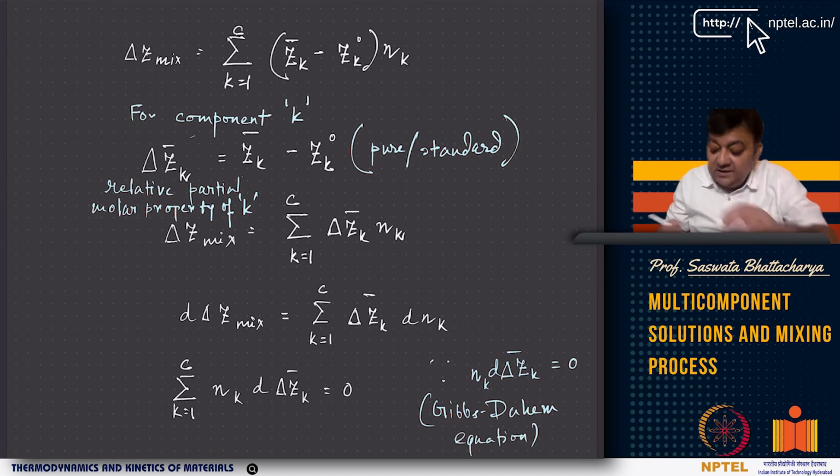So as you can see, the Gibbs-Duhem equation is valid not only for the partial molar property, but also for the relative partial molar property, that is, the delta mu, right?